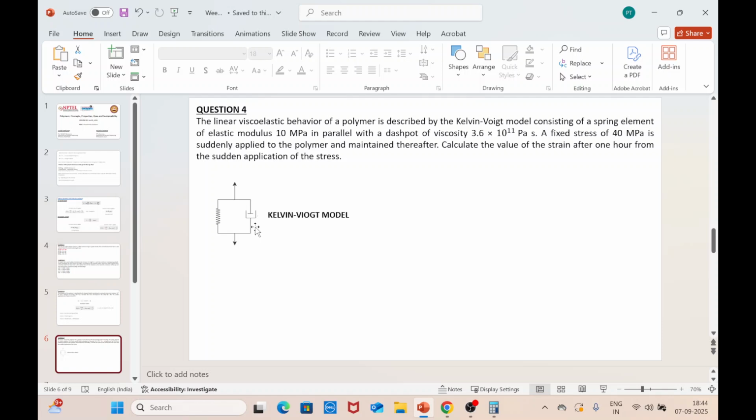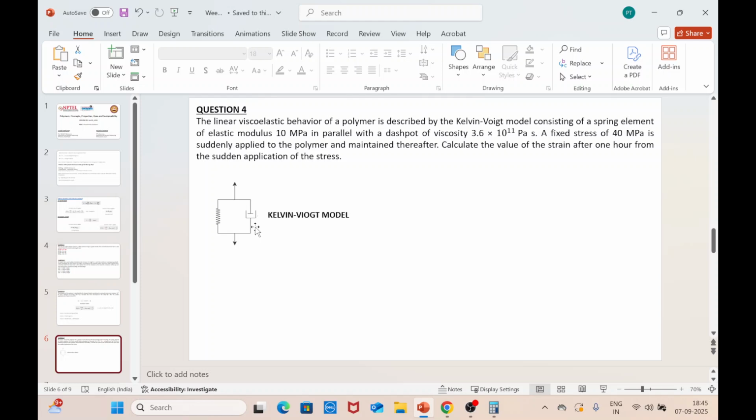The major reason we represented it as a spring is that elastic behavior is represented as a spring, and a dashpot consists of a liquid, so it describes the viscous behavior, with a viscosity of 3.6 times 10 to the power 11 pascal second. A constant stress of 40 megapascal is applied to the polymer and maintained. Calculate the value of the strain after 1 hour from the sudden application of the stress.